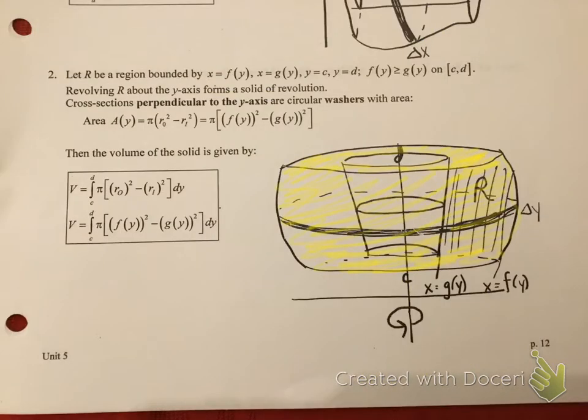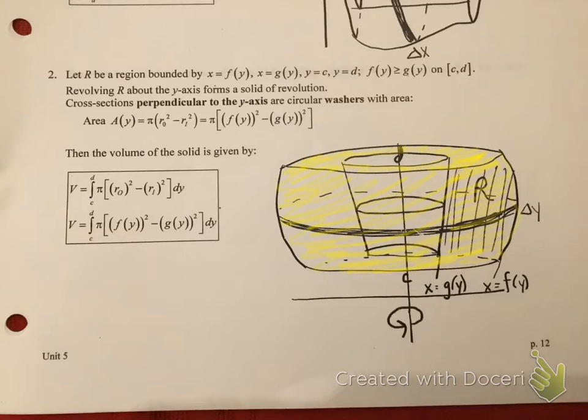Okay, so let's check out this next bit. Two, let R be a region bounded by x equals f at y, x equals g at y, where y equals c to d. F at y has to be greater than or equal to g of y, because remember, we're dealing with a washer here, on the interval from c to d. Revolving R about the y-axis forms a solid of revolution.